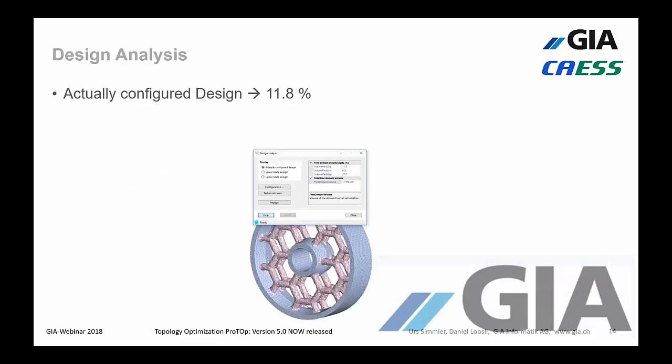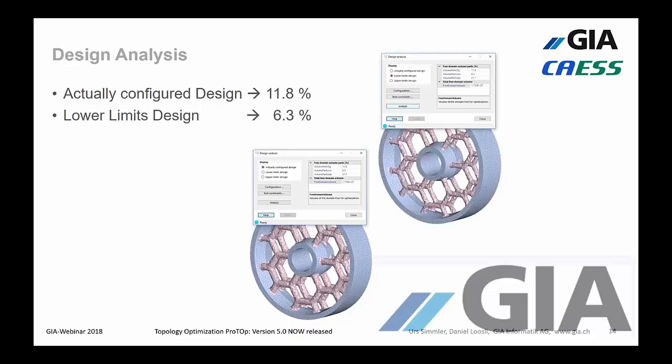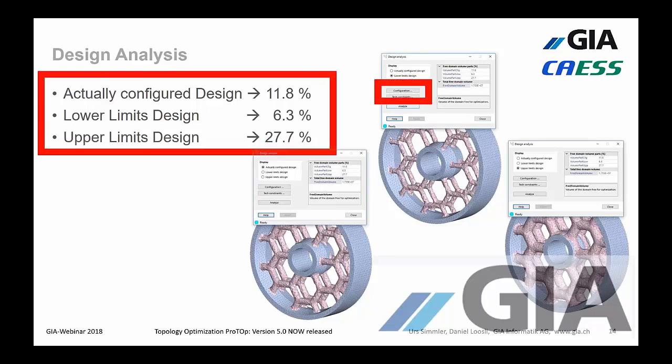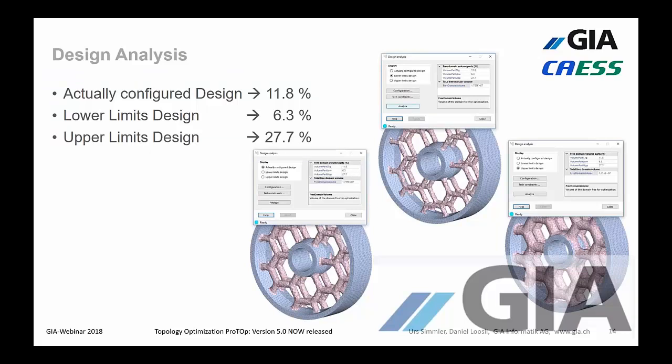A new capability is the design analysis. We are doing a configuration here on that wheel with a lattice structure. Then we have an easy way to see the minimal, maximal, or actual configuration. We can even go in and change the configuration to see our design space limits on upper, lower, or configured configuration.